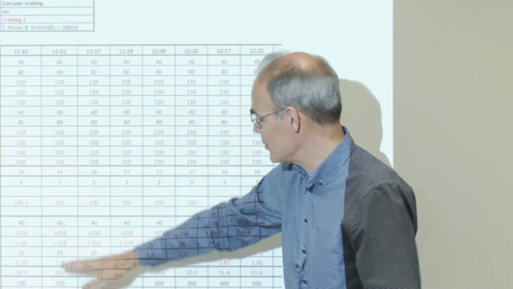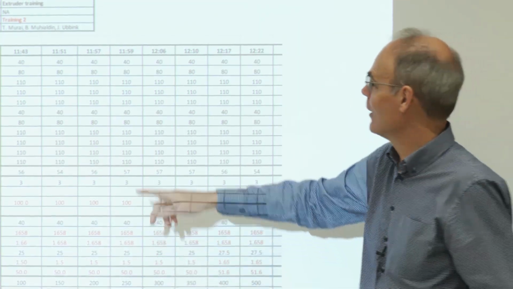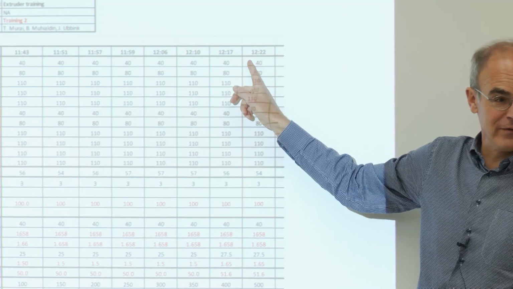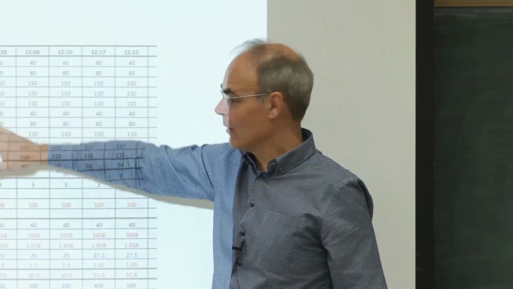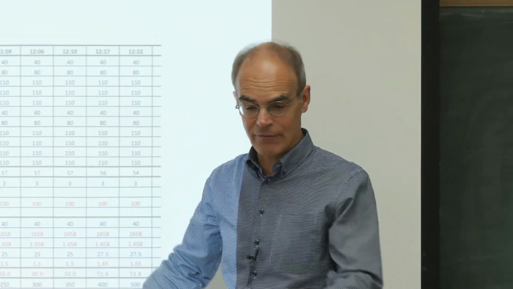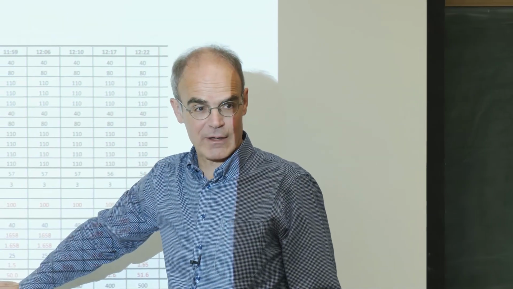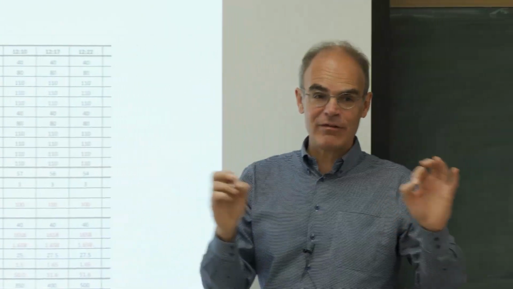The screw speed sweep you can do pretty quickly, as a small extruder stabilizes quickly, so we've been sampling pretty regularly here. You collect your sample, write down the time, and then you have all your parameters here. So you have your sample and you have your process data, and that always allows you to easily find them back.